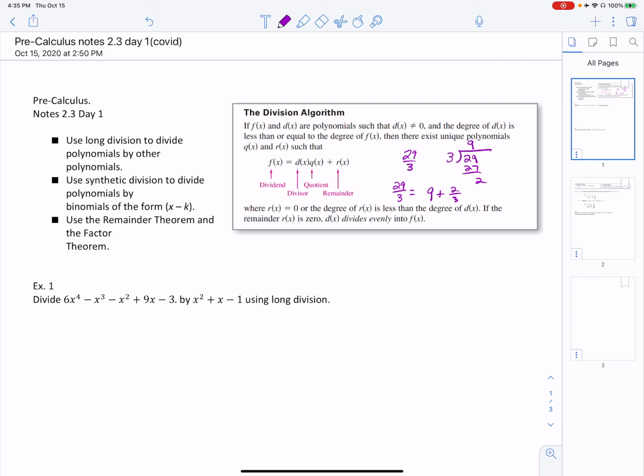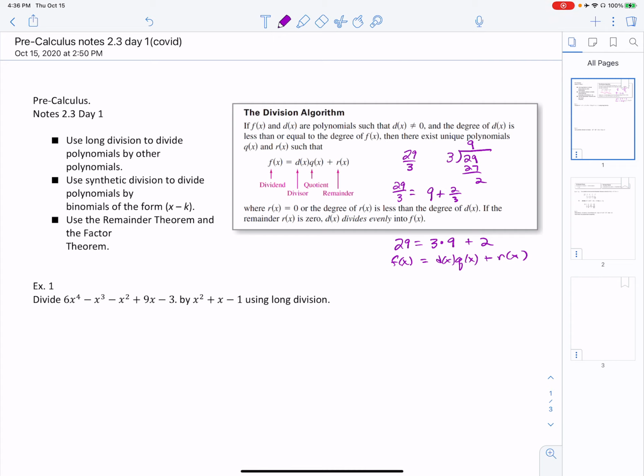So anyways, now if I multiply that equation through by 3, I can write 29 is equal to 3 times the 9, and if I take 3 times 2/3, I just have 2. And I wrote it like that because now we can line that up with f of x equaling d of x times q of x plus r of x.